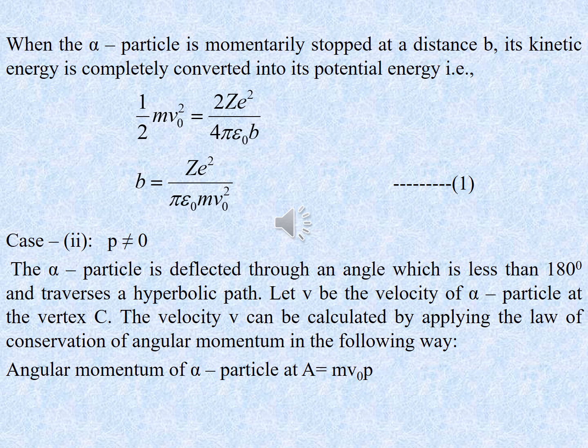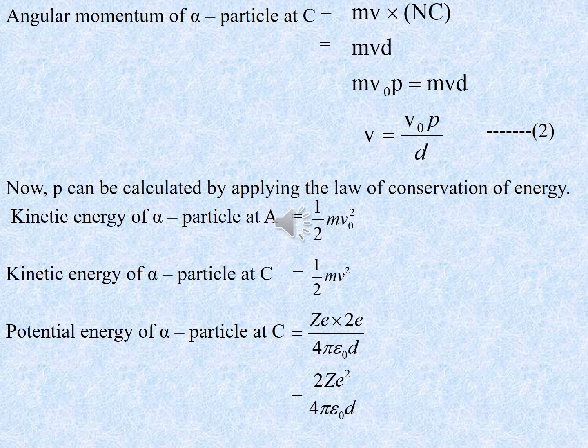Angular momentum of the alpha particle at A is m v naught p. Angular momentum at C is m v into NC, where NC means d. So m v naught p is equal to m v d. So v is equal to v naught p by d, equation 2.